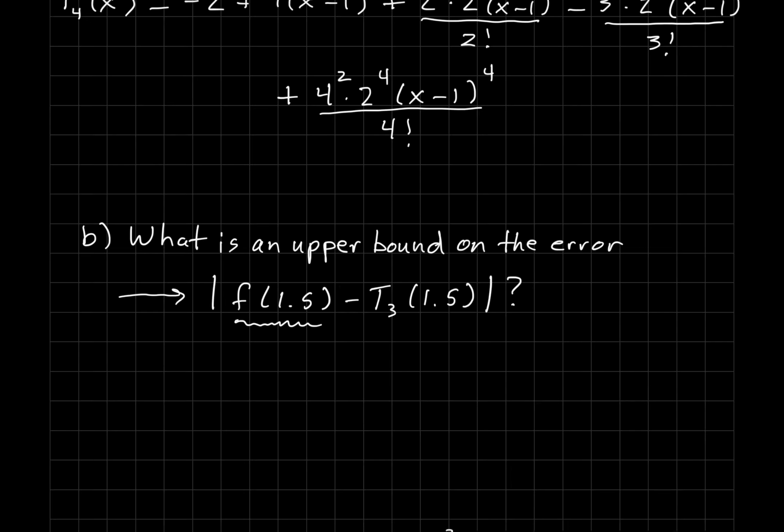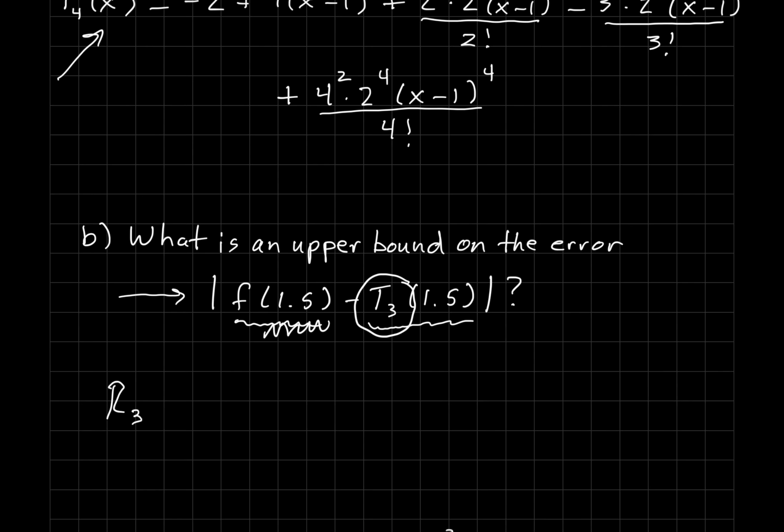Then we're going to subtract off t sub 3 of 1.5, which is the approximation using the third degree polynomial. We're centering our polynomial at 1, and we want to find the value at 1.5.